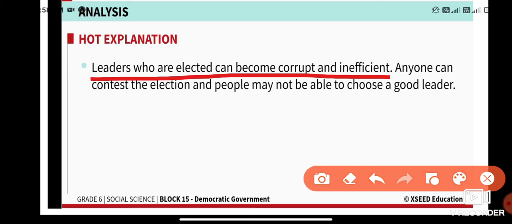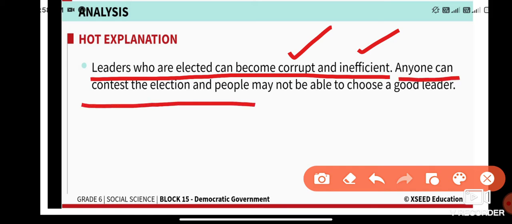We say that some ministers are corrupt, they are looting the people, taking the money and resources from the government, yes or no? Such kind of leaders usually arise in democracy. Sometimes leaders become corrupt and then they become inefficient. And anyone can contest the election, and people may not be able to choose a good leader.